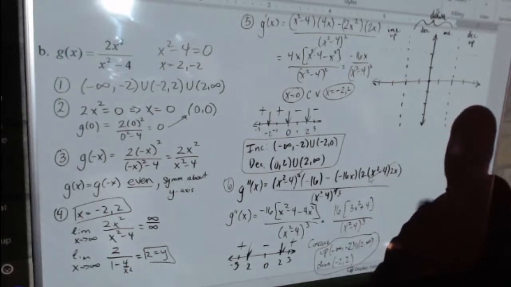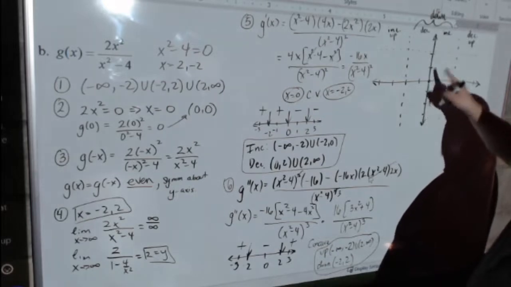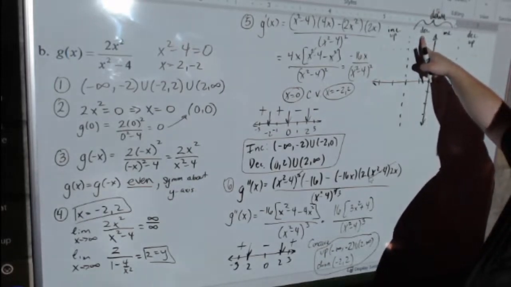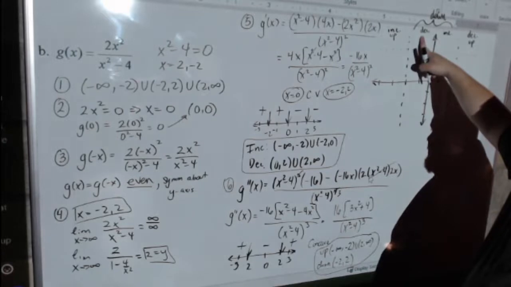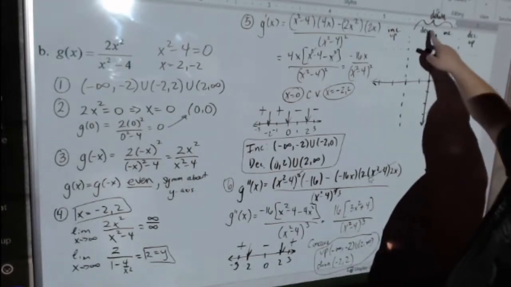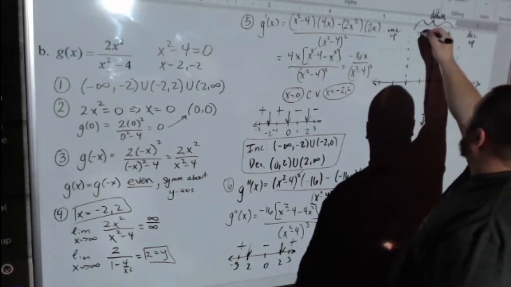But if we have to go through 0, so it's decreasing here. See that? Write that in the right spot. No, I wrote these in the wrong spot. Darn. It's increasing here.